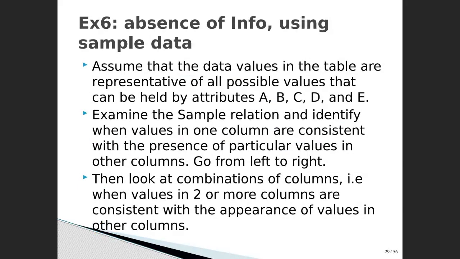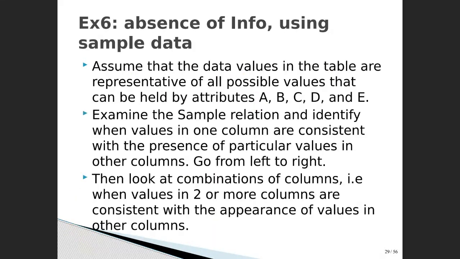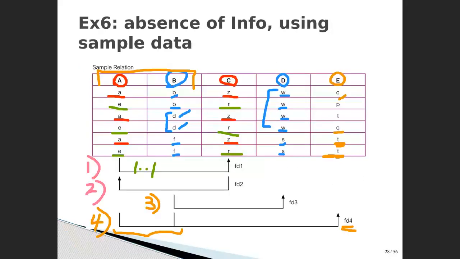But partial dependency is held on 2 attributes. If one attribute is not there, the dependency will still hold and will not be removed. For example, A and B both determine E. If A is not there, B is still there.